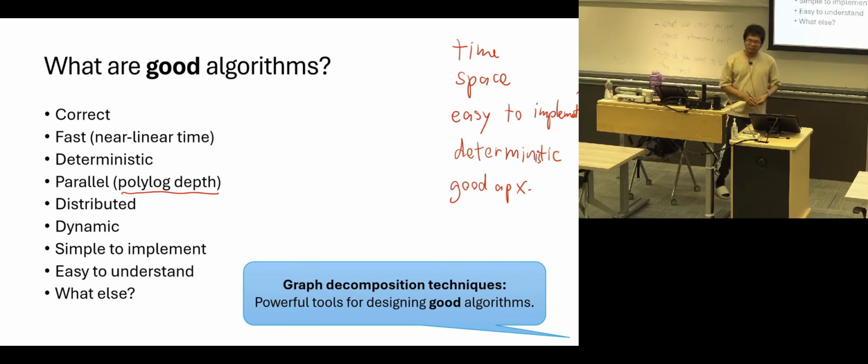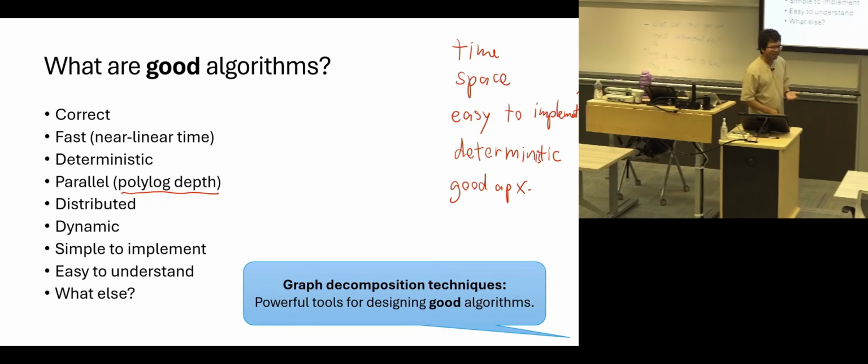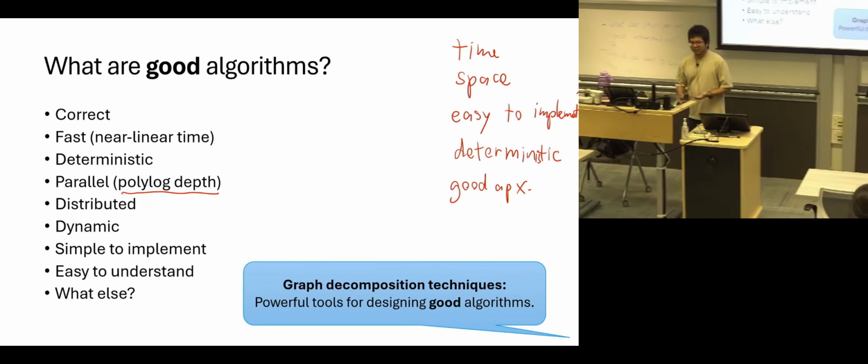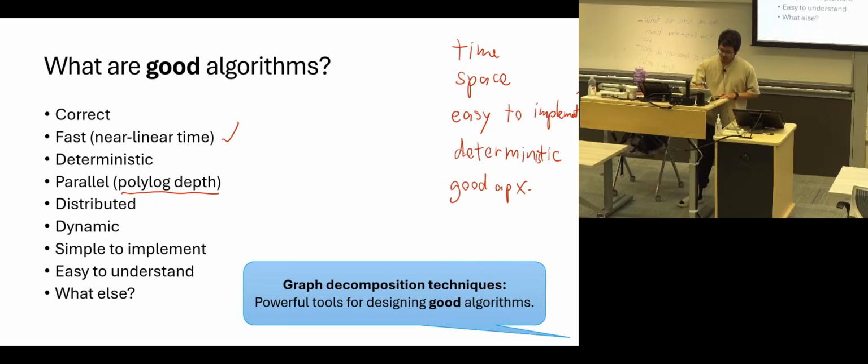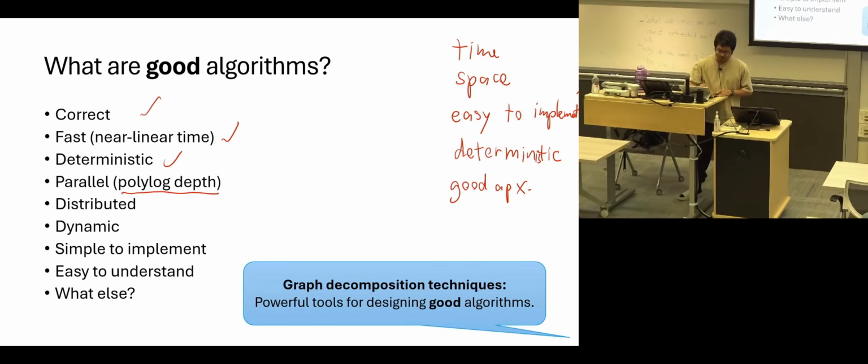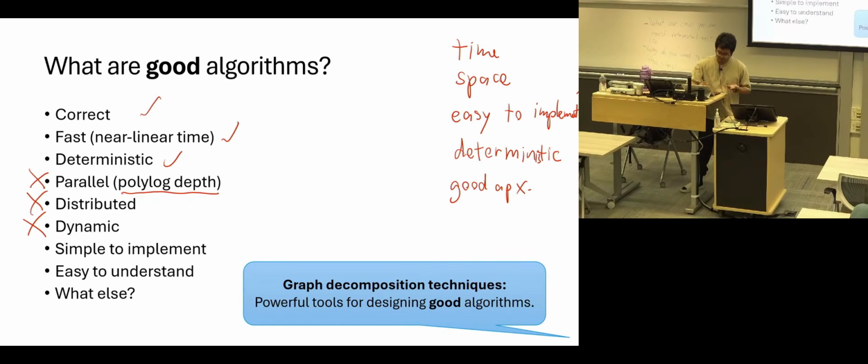Okay. You might have seen Dijkstra. Dijkstra's algorithm is fast, deterministic, and correct. Dijkstra is not parallel, not distributed, not dynamic. Okay, it's simple to implement and easy to understand. But can we get a Dijkstra-like algorithm for solving shortest path that is also parallel, distributed, and dynamic?